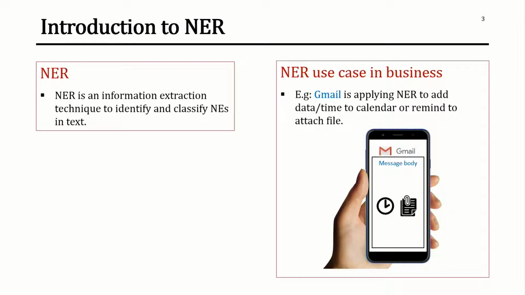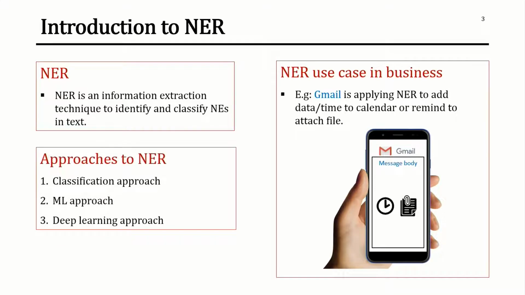And there is one more case. For example, when we write some text in our email that we attach some documents, however, we forgot to attach those files when we send the email. So when we click on send, Gmail will automatically remind us that we forgot to attach the file. So this kind of application was implemented using named entity recognition.